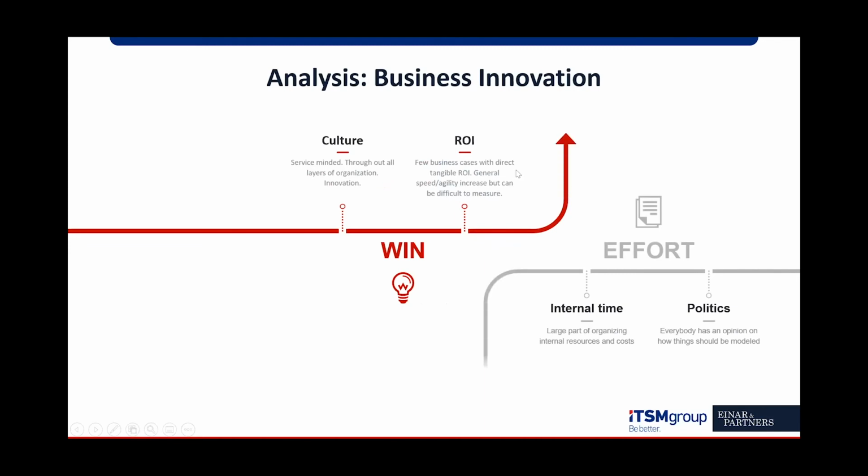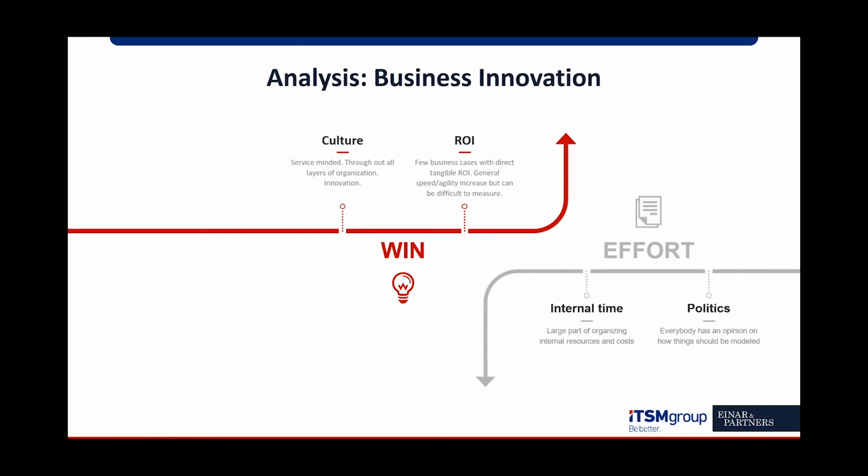And this will be divided in a few different areas here. If we do a quick analysis of the business innovation, I'm going to start at the bottom, speaking of the effort. When I say business innovation, I mean primarily service portfolio, services, and application layers.